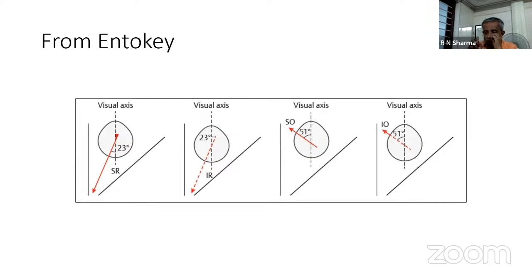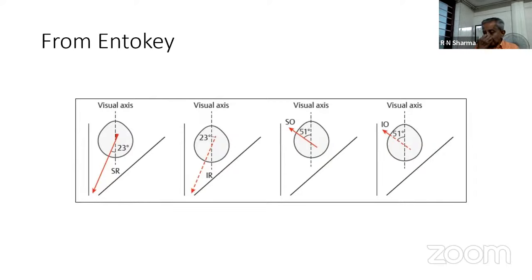That means the 6 o'clock meridian will be intorted. When you say intorted, it is moving towards the nose. When the 6 o'clock meridian is moving towards the nose, the 12 o'clock meridian will move outward. Therefore, inferior oblique will be an elevator. It will be an abductor also, and an extorter.